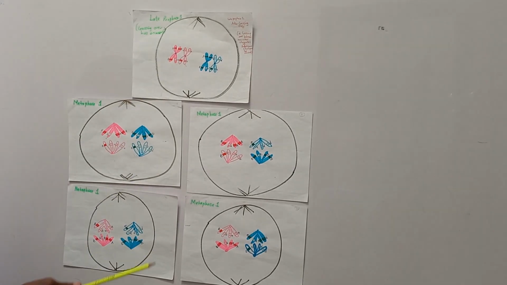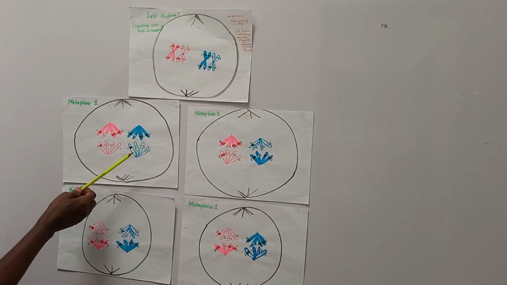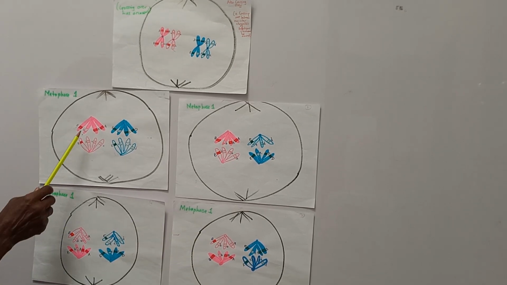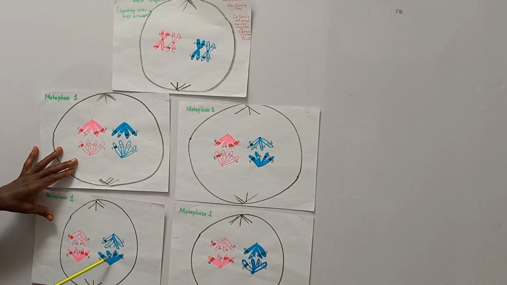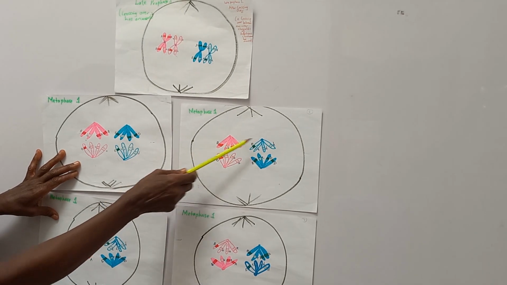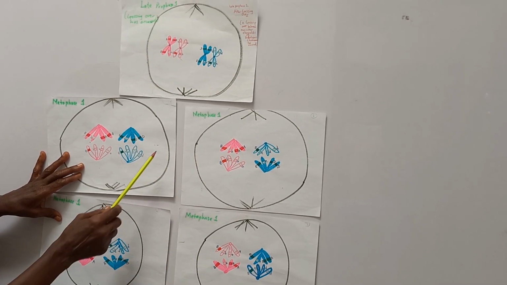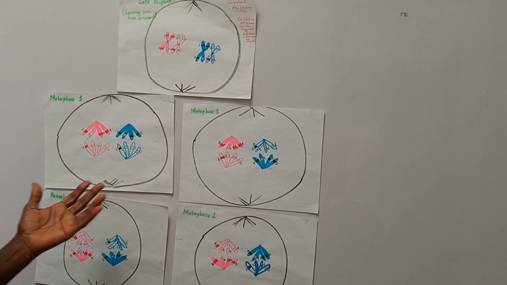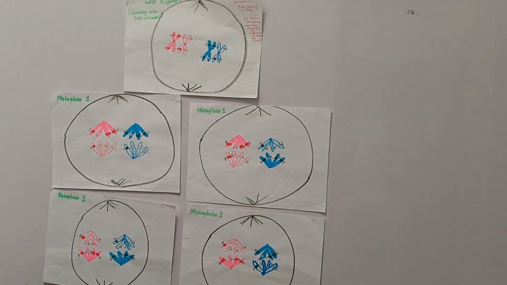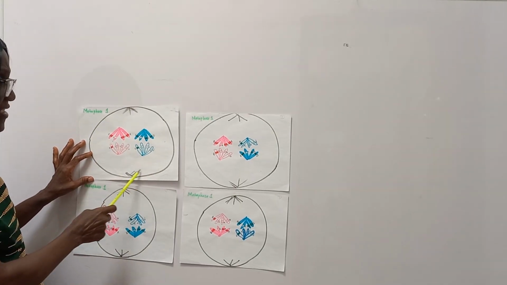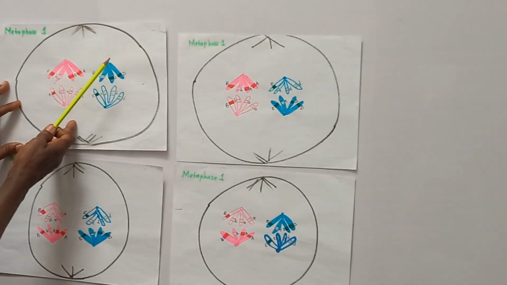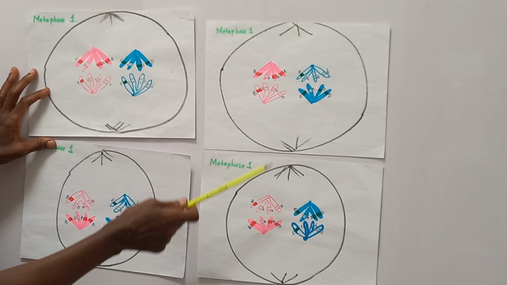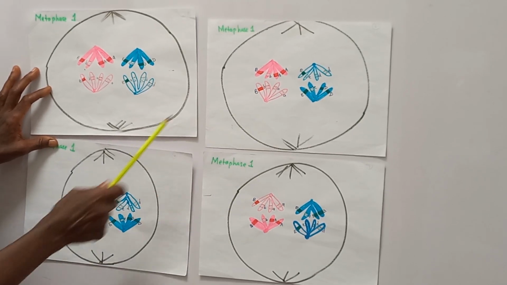So for independent assortment at metaphase 1, you can have this arrangement, or that, or that, or that. Notice that this arrangement is the opposite of that, and this one is the opposite of that. But then we have 4 different arrangements of bivalents with their other homologous chromosomes. We are using only one of these arrangements to go through meiosis 2. What happens here is happening in all these other 3 cells.